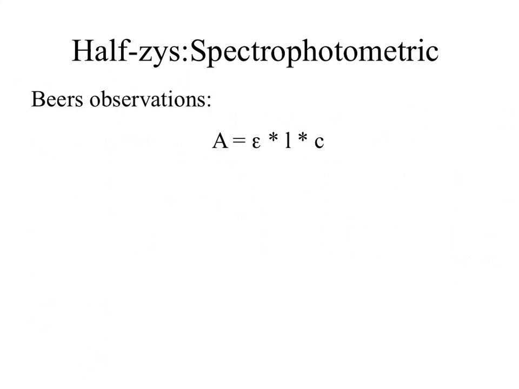Okay? According to Beer's observations, what he was able to determine was that the absorbance of an individual sample was equal to some constant times the path length times the concentration of our sample.